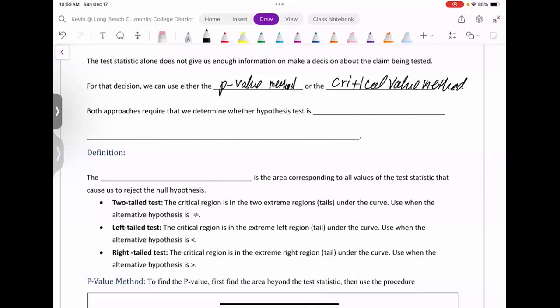When I teach, I do both methods every time to show that they're always going to come out and reveal the same information. Both approaches require that we determine whether the hypothesis test is two-tailed, equal sign there, we don't know why yet, left-tailed, and for left-tailed, I'm going to put a less than symbol, or right-tailed.